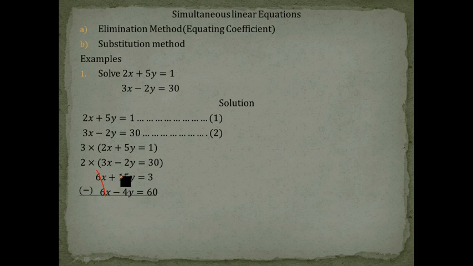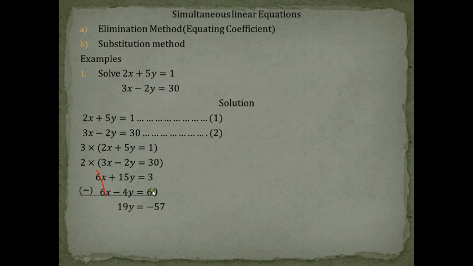So you ask yourself, 15y plus 4y, of course that's going to be 19y, which you're going to have here. And this negative is going to multiply this 60, so that is going to be minus 60.